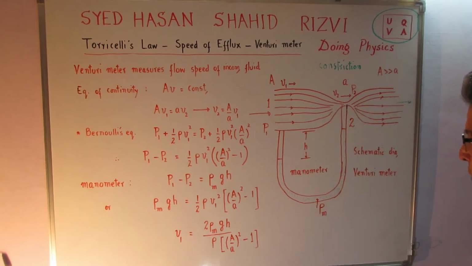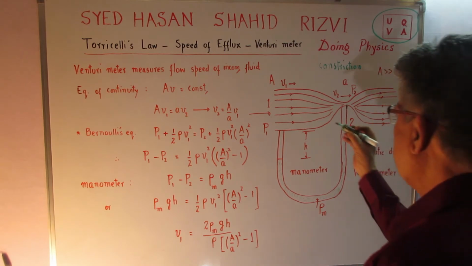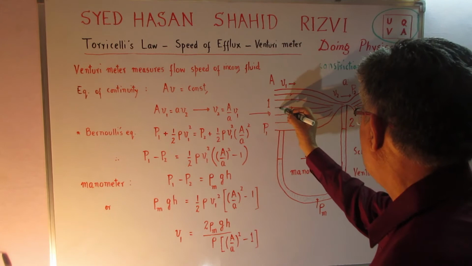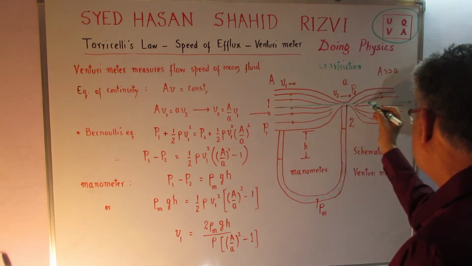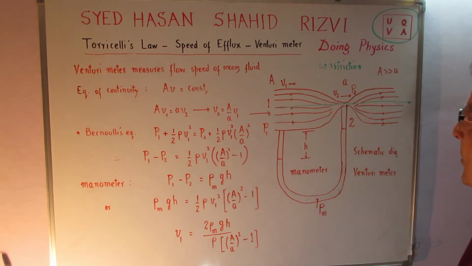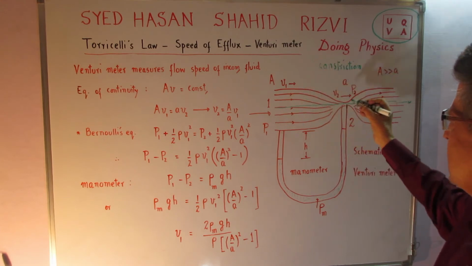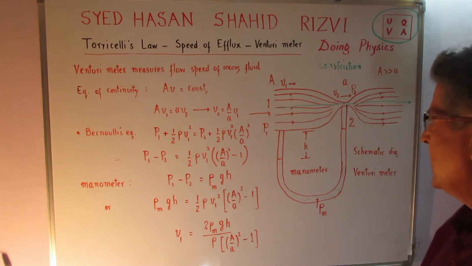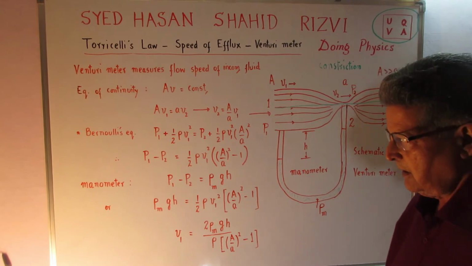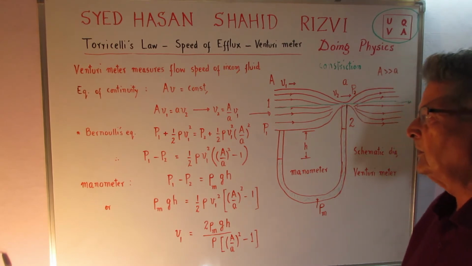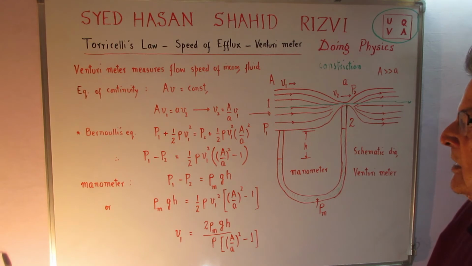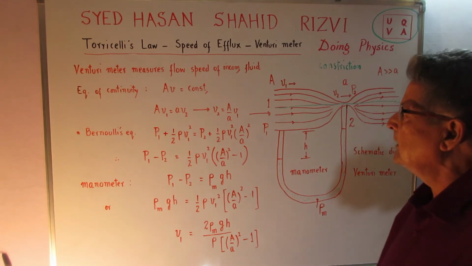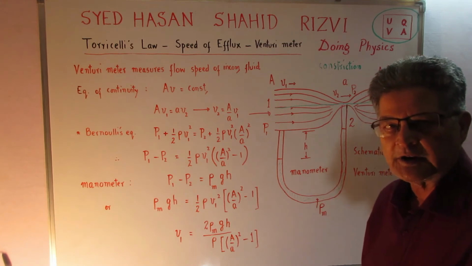You can see that the level over here and here is the same, so there is no level difference, and therefore in the Bernoulli's equation, we will not deal with the potential energy variations.